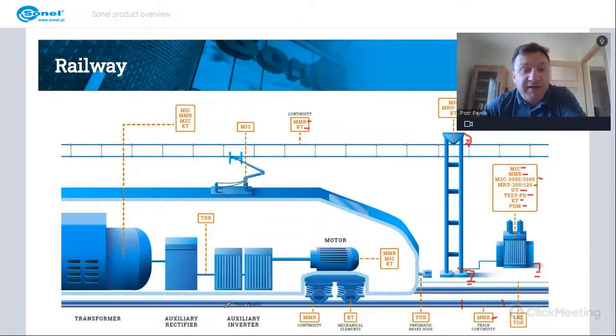Also, as the rail provides the grounding for the train, we need to check with the micrometers the continuity. So between the wheels on the train and the rail, there needs to be continuity. Also, we can spot if any mechanical elements are overheating, so they are faulty, with thermal imagers of KT series.